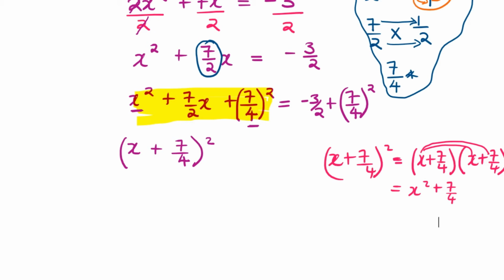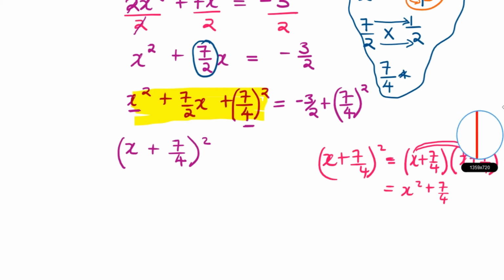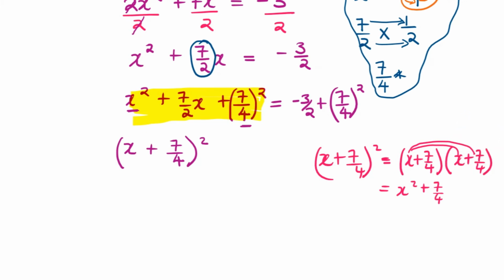Then 7 over 4 times x will be plus 7 over 4 x, then 7 over 4 times 7 over 4, we'll just write it as plus 7 over 4 squared, as I wrote in the first question.